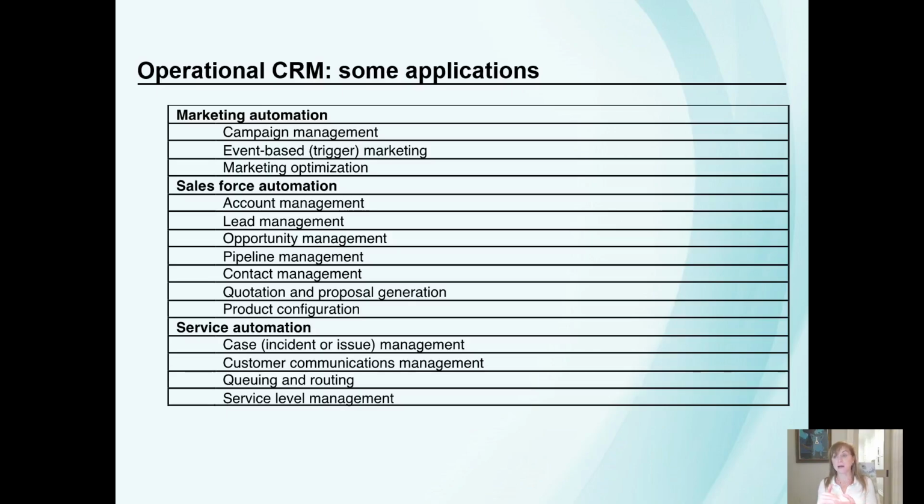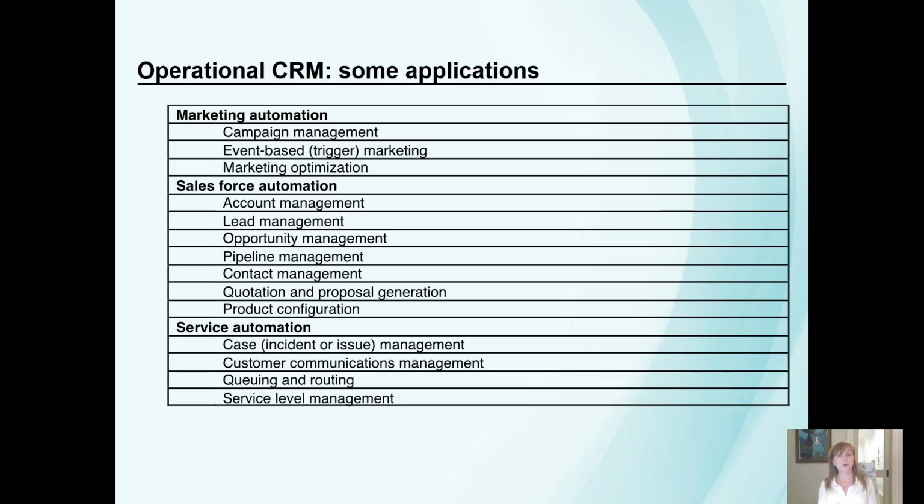What are they more apt to respond to positively? Quotation and proposal generation, all about getting a quote to a customer, and terms and conditions that are appealing to them, and product configuration. So those are all part of the Salesforce automation process.